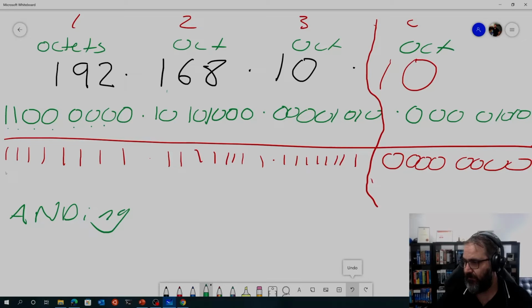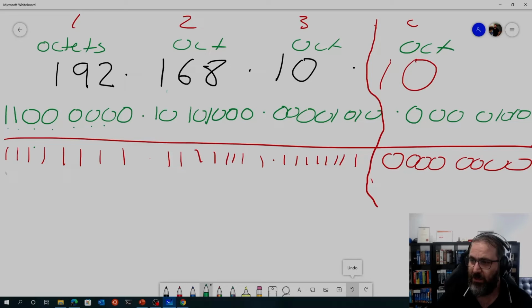Bit by bit, as in not little bits and pieces, but actual bits. So this is my subnet mask, and I'm comparing this to that. To do that, I need to add them together.